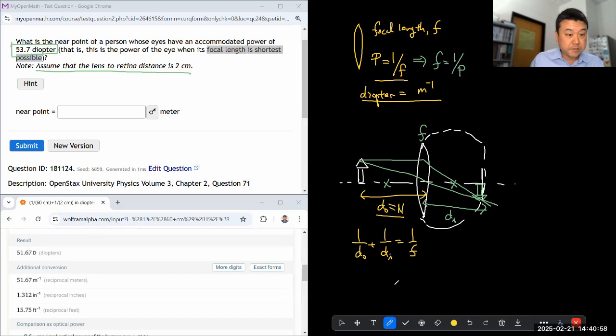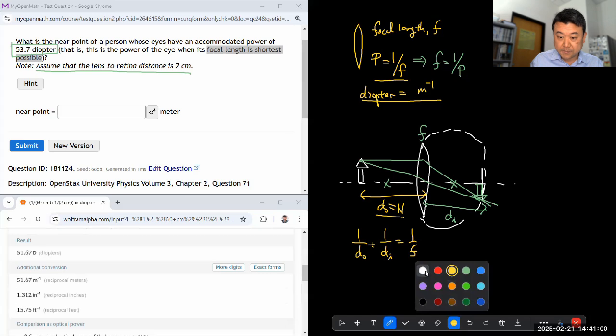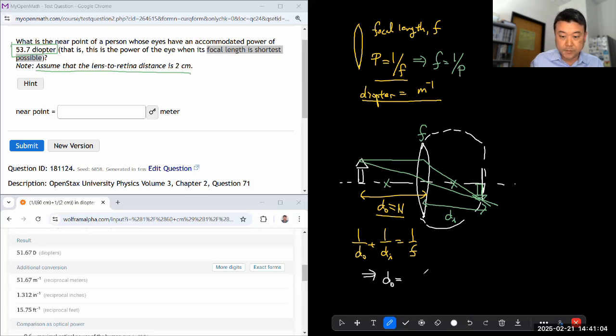So I need an expression for DO. Let me do this algebra in my head, which means I'm just recalling the memorized formula. DO in terms of the other two. I think that's correct.